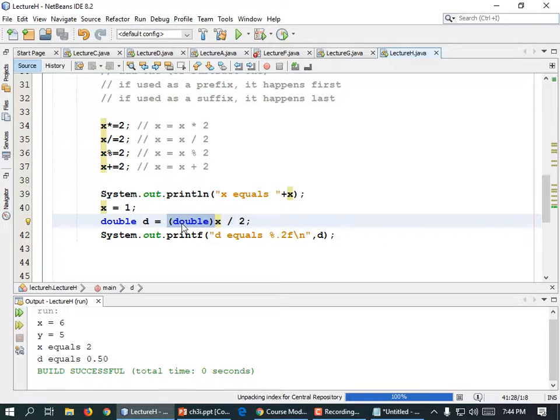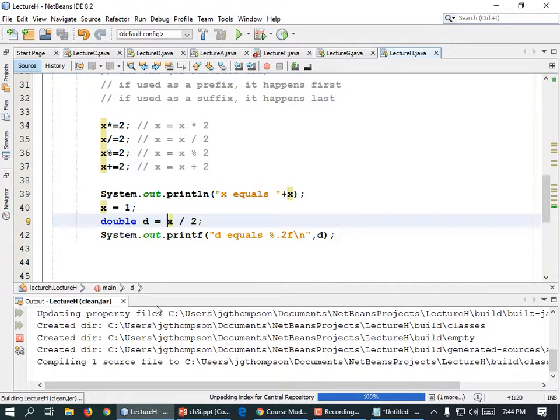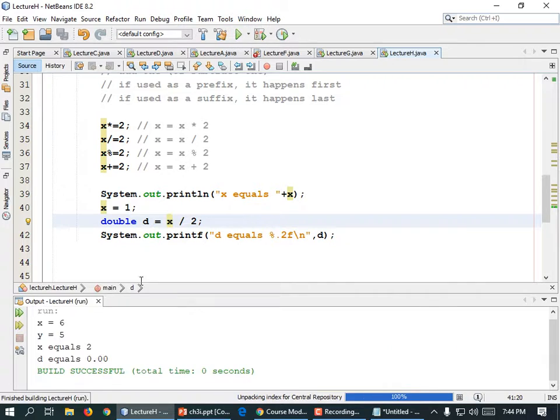Remove that part. Cut it out. And then when you run it, it says that d is equal to 0. The reason being is that x is an int, 2 is an int, and so it divides an int by an int and rounds down. And 1 divided by 2 rounded down is 0.